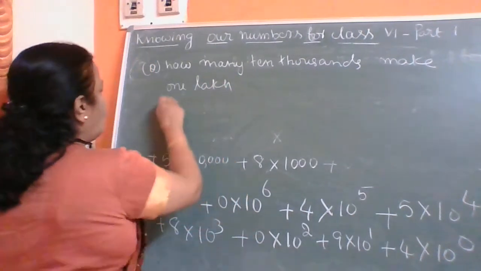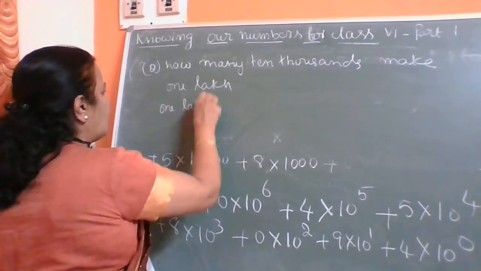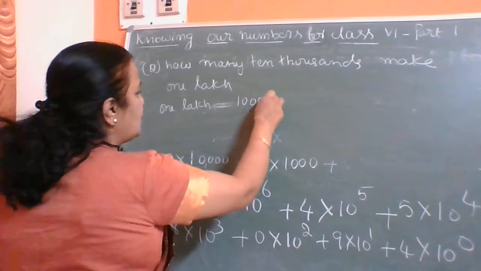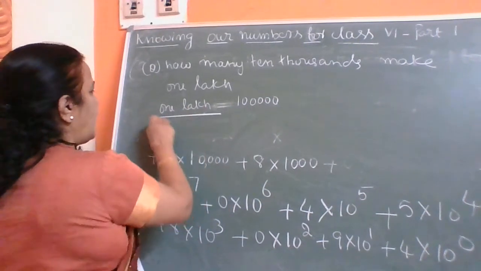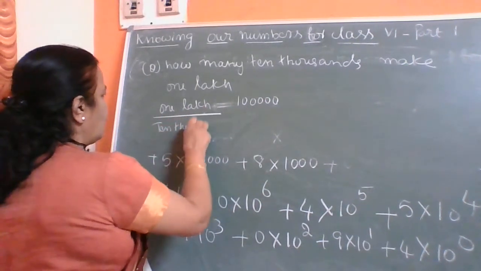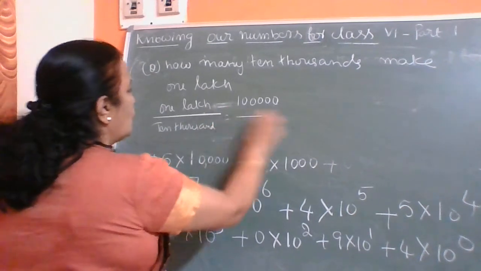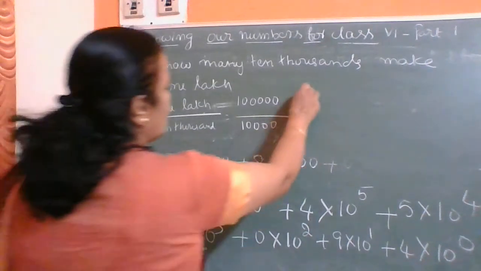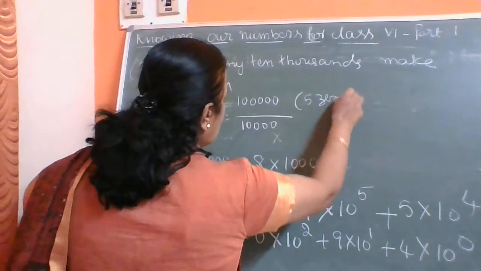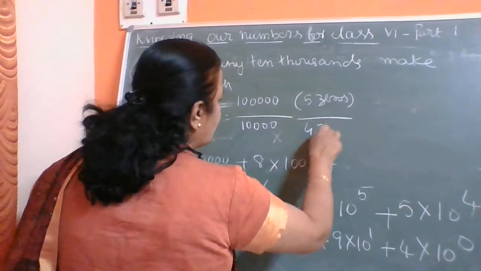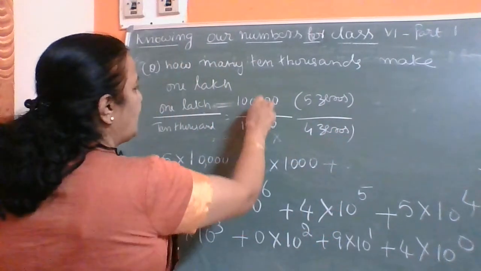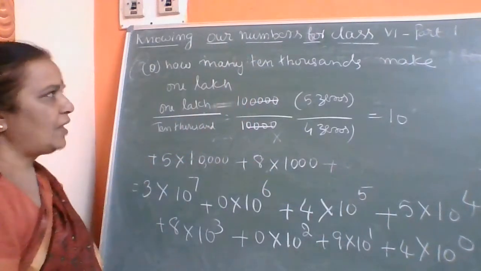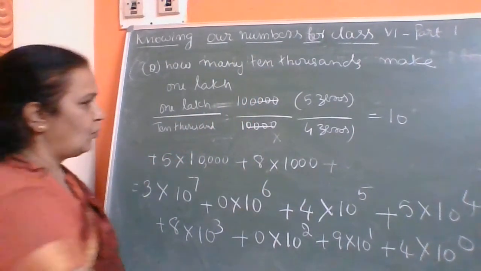Now you know 1 lakh means 1 followed by 5 zeros, and then 10,000 means 1 followed by 4 zeros. Here it is 5 zeros, and here it is 4 zeros, and if it cancels, you are going to get 10. That means 10 10,000s make 1 lakh.